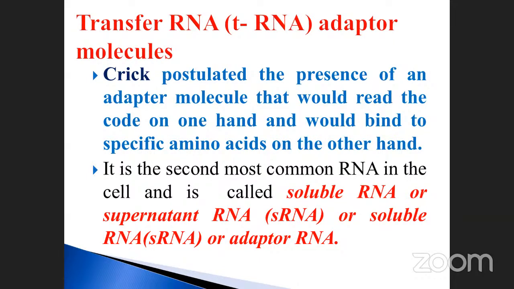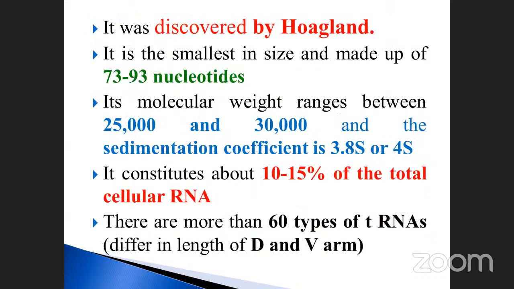It has different names. tRNA was discovered by Hoagland. It is the smallest in size, made up of 73 to 93 nucleotides.